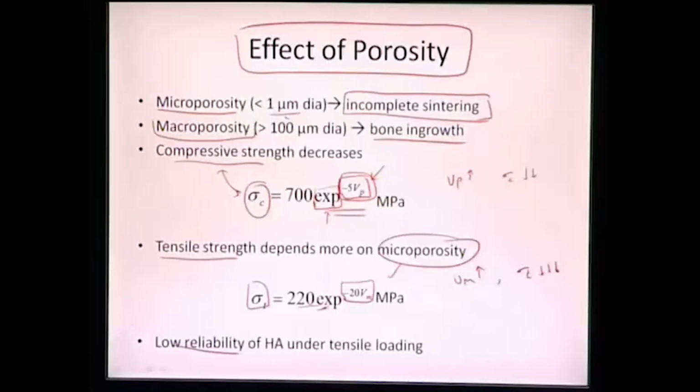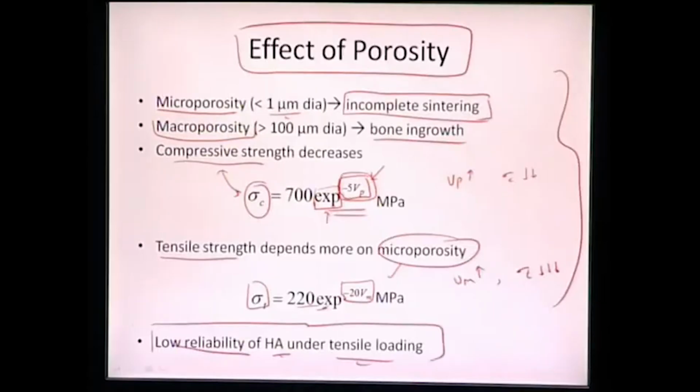As soon as we have some tensile stress, the propensity to form cracks is highly increased, because those regions serve to increase the stress intensity factor, and that can lead to crack formation. That will overall lead to lower reliability of hydroxyapatite under tensile loading. So that is the problem with porosity. We want the porosity, but at the same time it is very damaging mechanically.